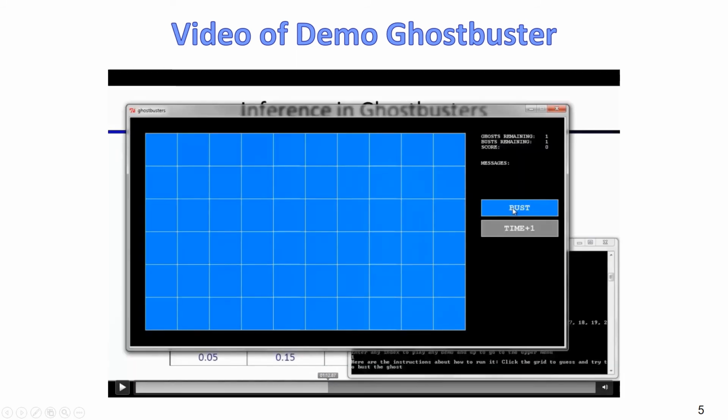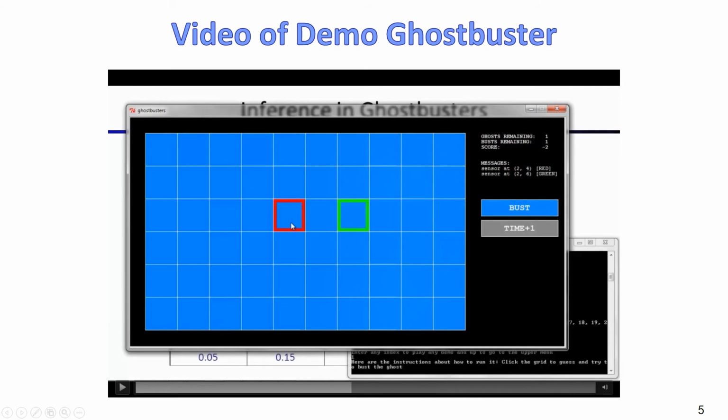So here is the grid. Of course, initially you don't know anything, so you just randomly select one of the cells. Now you got green. Green means that we most probably are far away. Next you probably will go somewhere else and click. You got red. Now, does that mean that the ghost is under this?